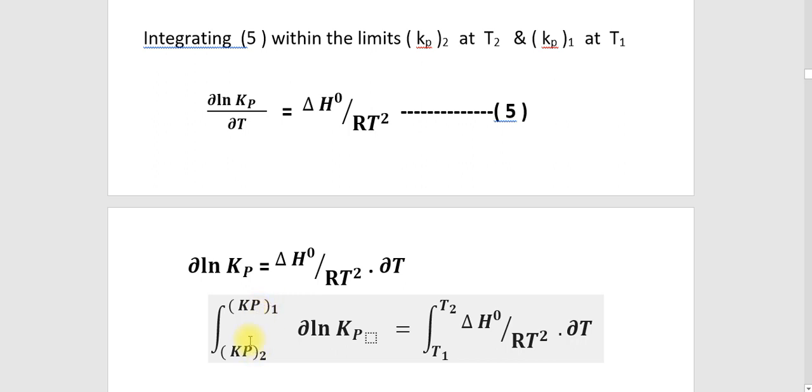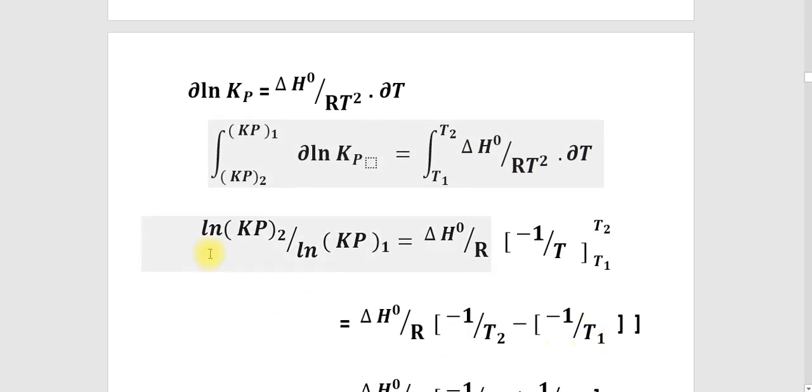Here Kp, with subscript p, is the equilibrium constant in terms of partial pressure at the two temperatures. ∂ln Kp is equal to the integral within the limit temperature T1 to T2 of ΔH0 by RT square into ∂T. What we get is ln Kp2 by Kp1, which is equal to ΔH0 by R into minus 1 by T, the whole bracket, within the limit T1 to T2.